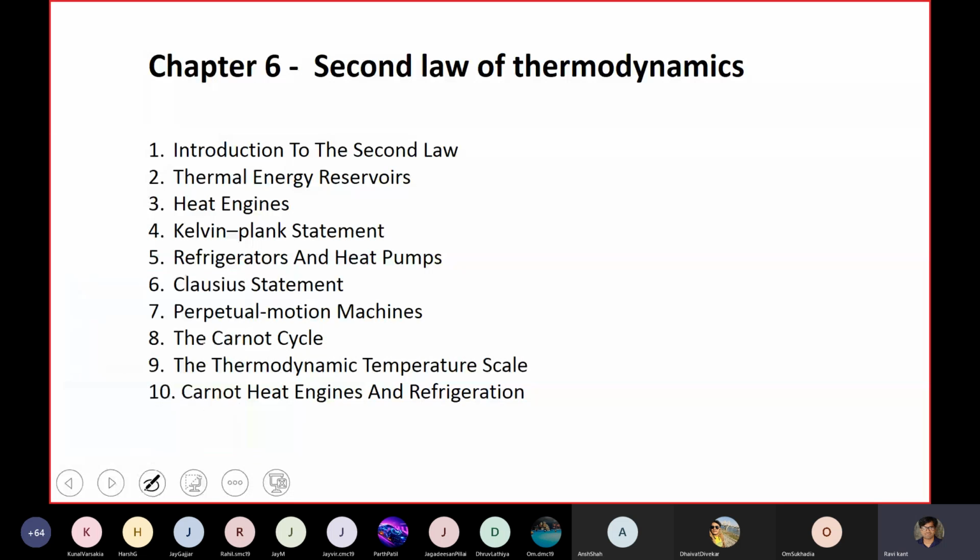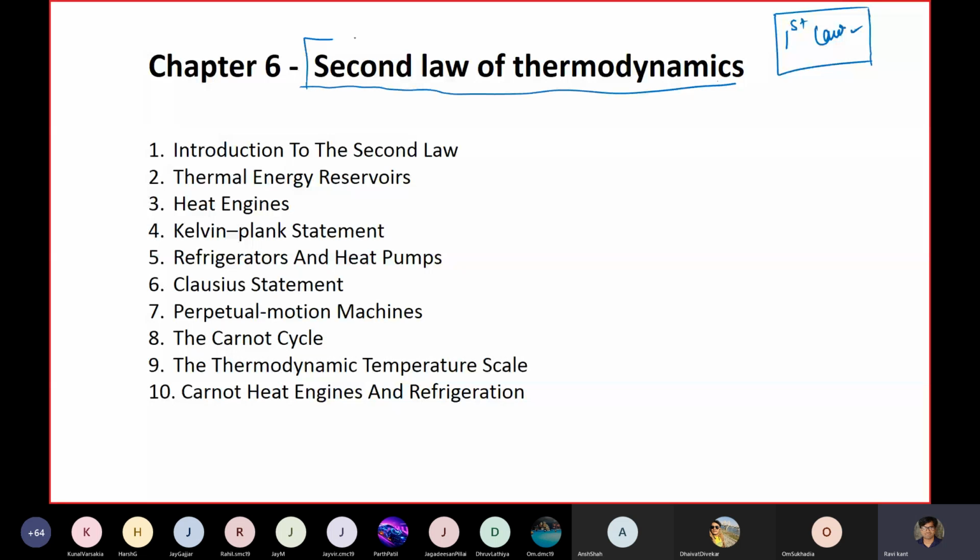We have already learned the first law of thermodynamics in our previous lectures. In this particular chapter, we will talk about the second law of thermodynamics, which is essential for a process to happen.